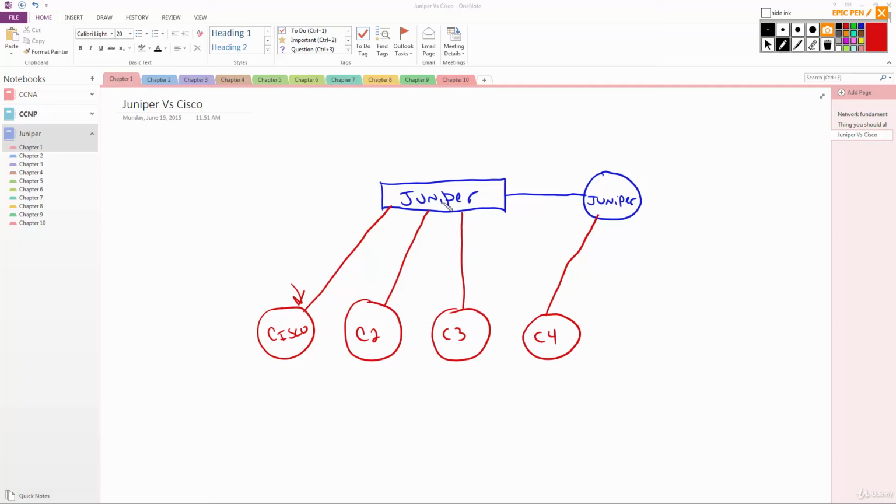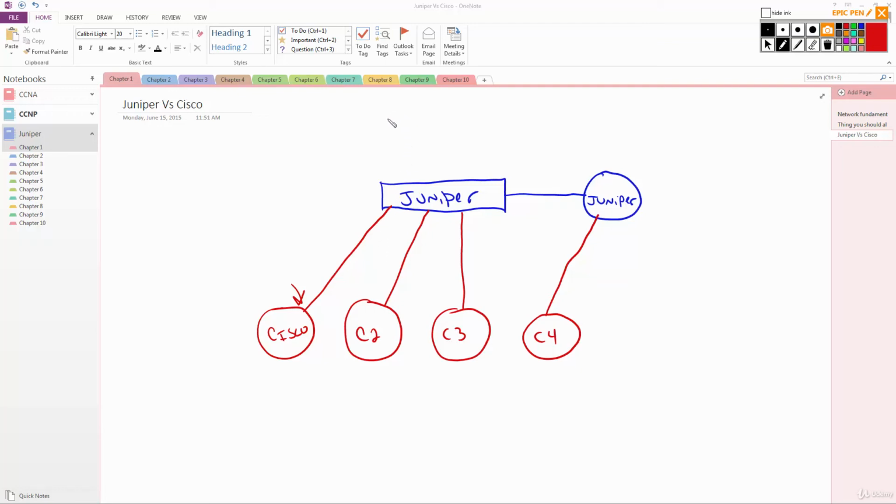Okay, now the nice thing about this, when you build a lab, it's nice to have many equipment. The nice thing about Juniper is it works with Cisco. That's the beautiful thing about it. If it's industry standard, you can integrate different equipment to work with each other.